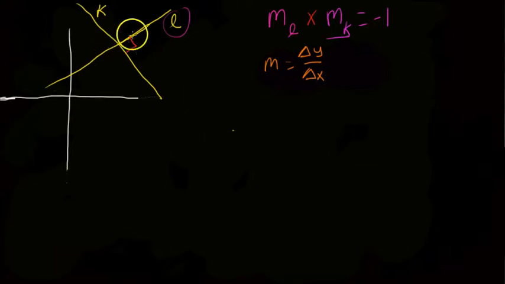So for line L, the change in y values is a line like this, and the change in x values would be a horizontal line like that, a line that hits line L. And we'd say that's a right triangle, obviously, where this side is the change in x and this is the change in y.